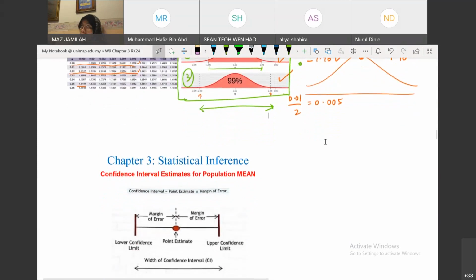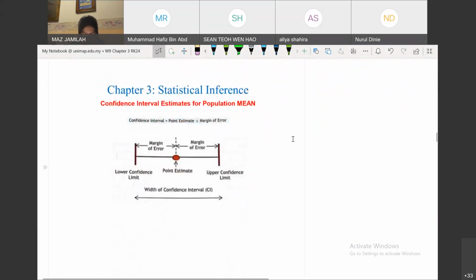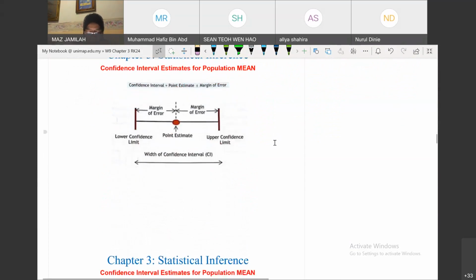Now when we talk about confidence interval, other than the confidence level, the alpha value, and the critical value, it involves what we call the margin of error. So what is the margin of error?